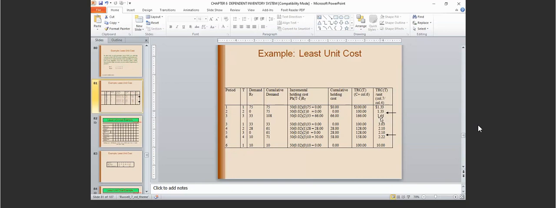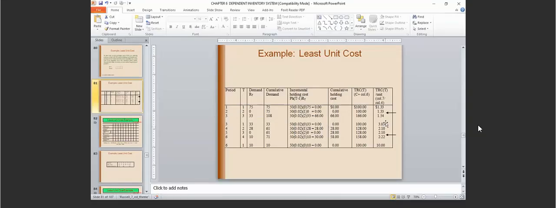In this case, there is an increment in the total relevant cost per unit. So we stop including more periods in our analysis at period 3. We determine that the order quantity only includes period 1 and period 2, with a total gross requirement of 75 plus 0, so 75.